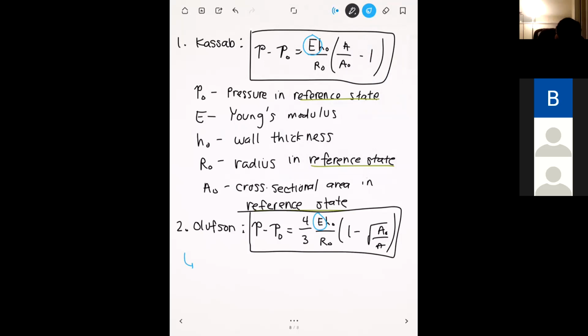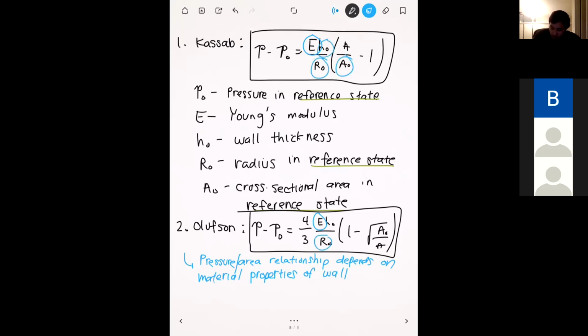Okay. And so it depends on the material properties.